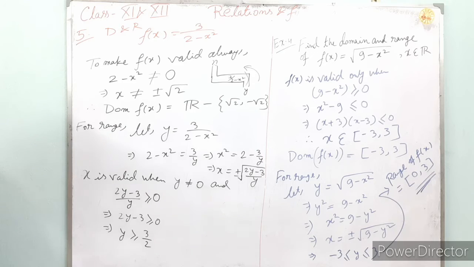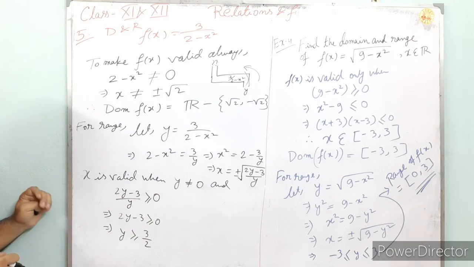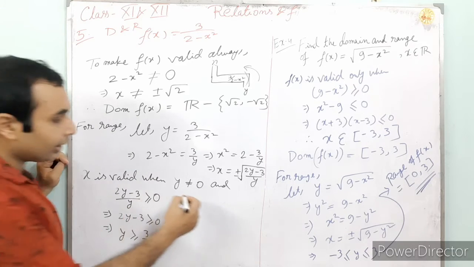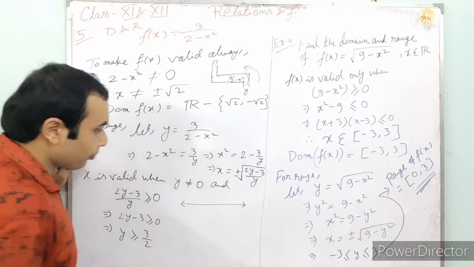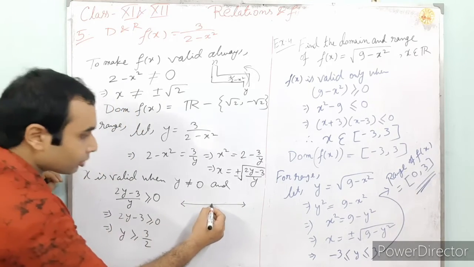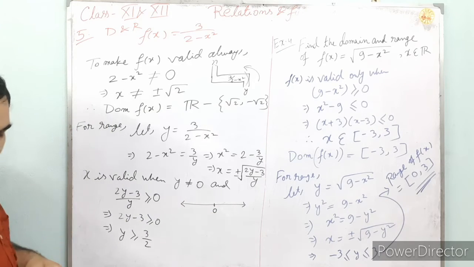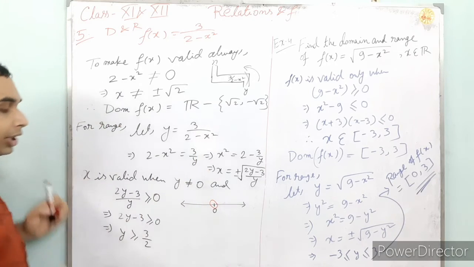So finally what we are getting here, just see, y is not equal to 0. Y is not equal to 0, that means, if we draw the number line here, if the 0 point is here, then at this point one discontinuity is there.